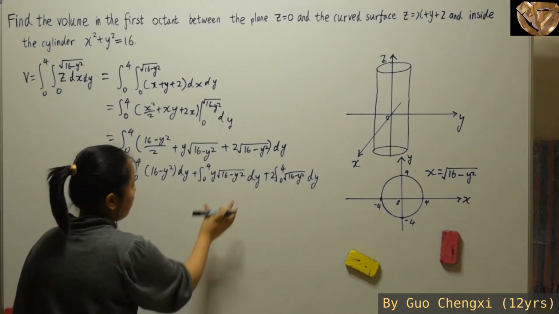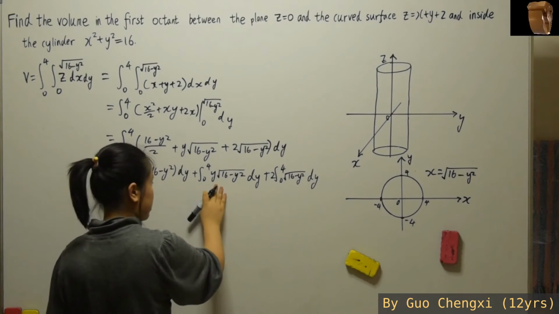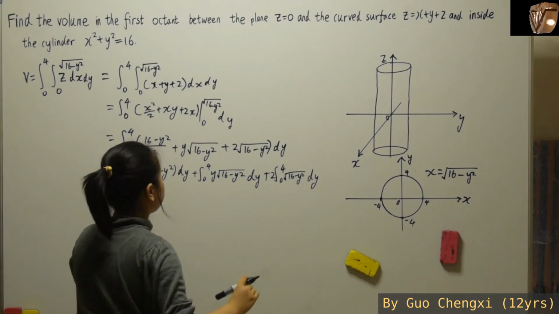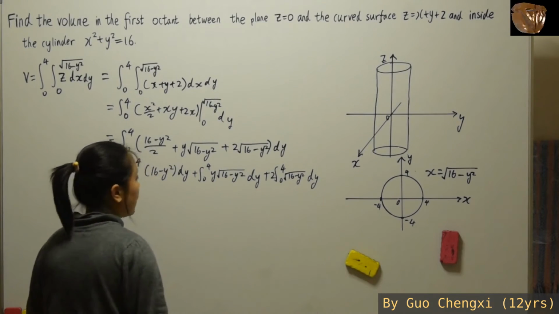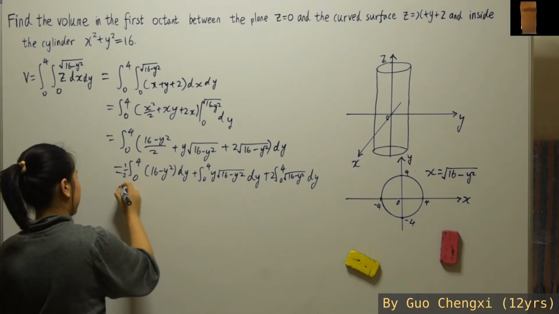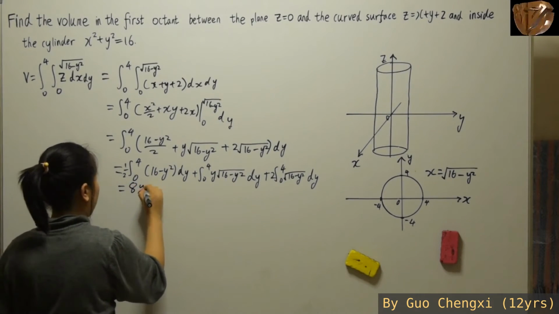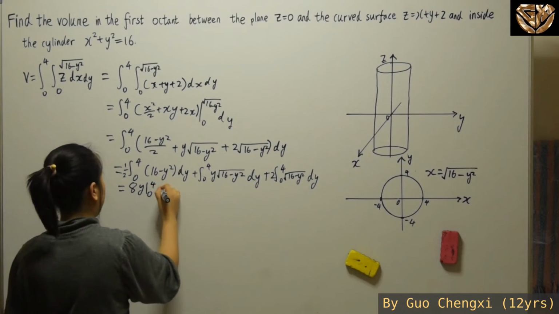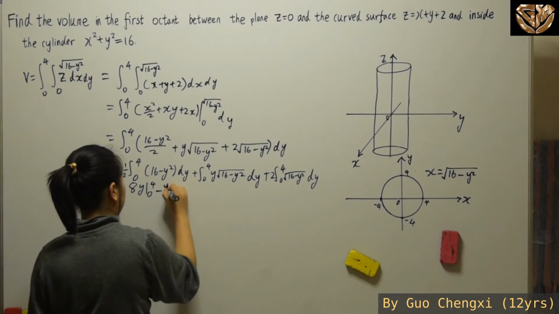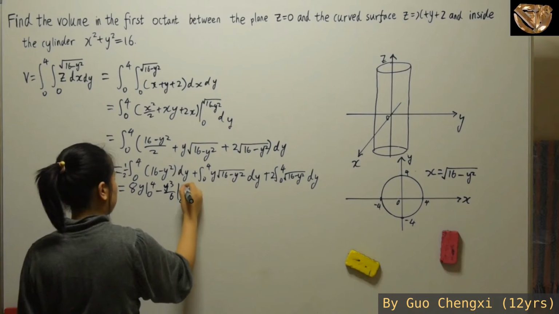While for this part, even though you can't integrate it straight like this, we can put this inside and we'll be able to integrate it. On the other hand, for this part, let's just let it stay the same for now. So when we integrate for this, it's basically 8y from 0 to 4 minus, and then you integrate this y over y cubed over 6 from 0 to 4.